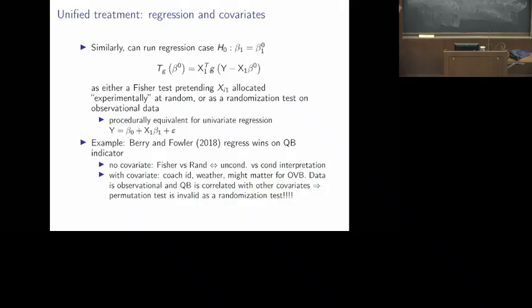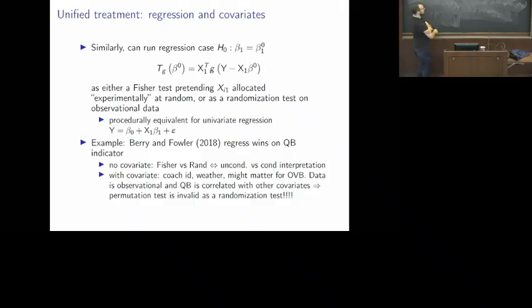Then, if really the QBs are randomly assigned, as if experimentally or just somehow this holds, then the histogram of these is going to be a bona fide Fisher or randomization distribution. I can pick up quantiles that are going to be bona fide p-values.